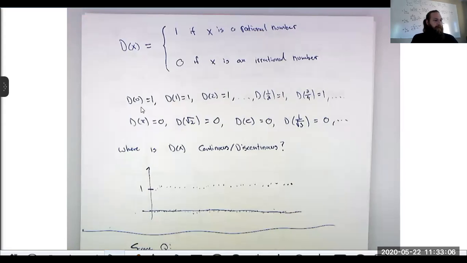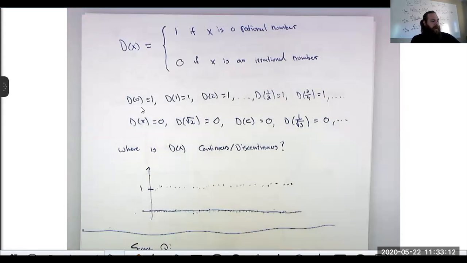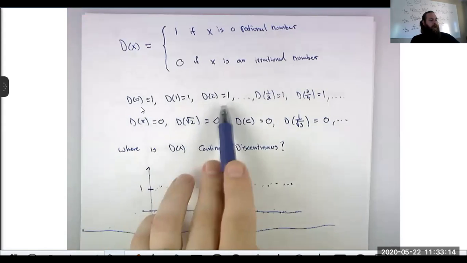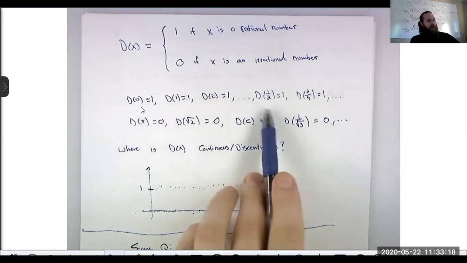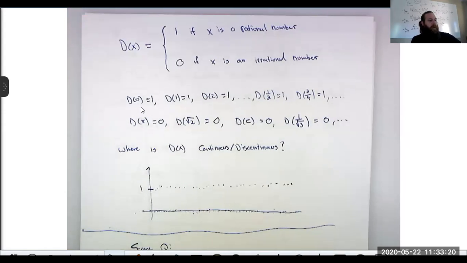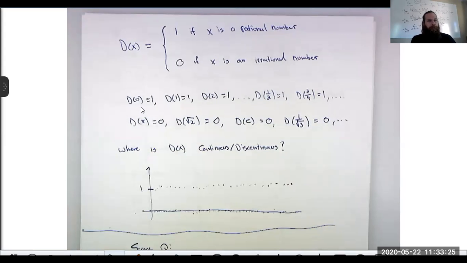The graph of that function, if you think about it for a minute: D of 0 is 1 because 0 is a rational number. D of 1, D of 2, at any integer it will spit out a 1 because integers are all rational numbers. Also at any fraction like 1/2, 3/4 it'll spit out a 1. So you get this little sprinkling of dust up here along the line y equals 1.